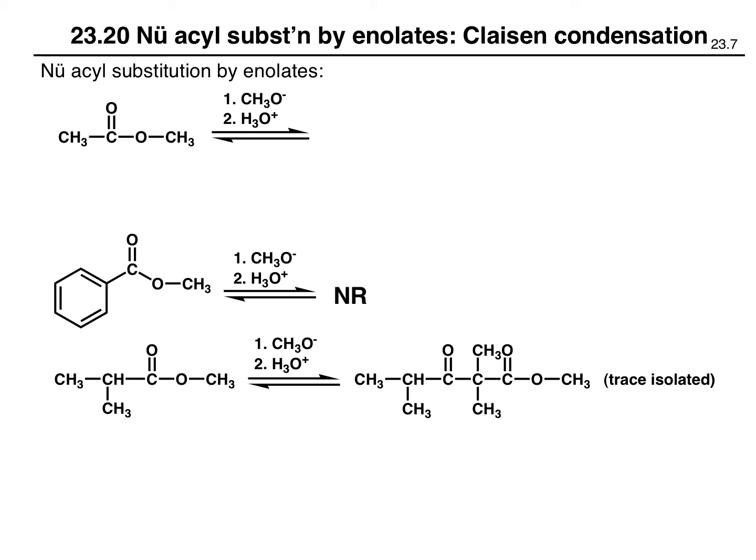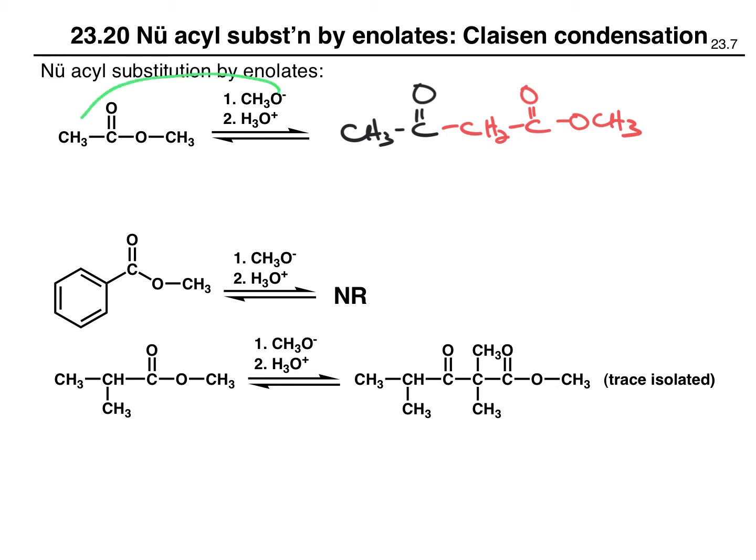So if we have an ester, and we treat it with an alkoxide that matches the ester, followed by H3O+, we can isolate a product that looks like this. Focusing on the ester, this is the alpha-beta position, so our product is a beta-keto ester. But let's take a look at the details.